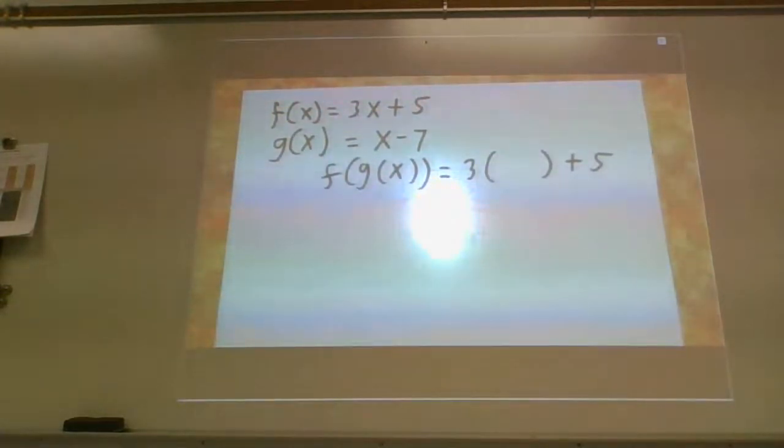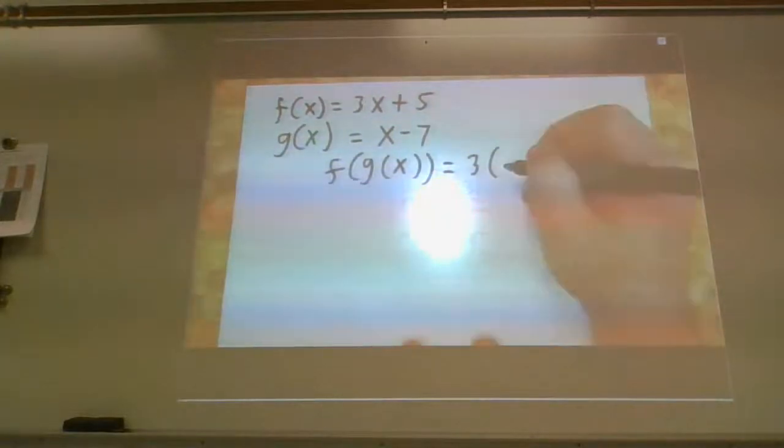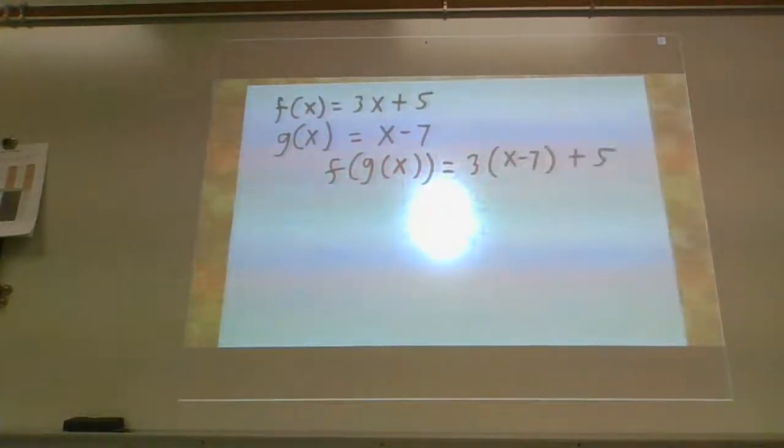That x will be replaced with the g of x function, in this case, x minus 7. I'm just leaving that framework there so people can visibly see it. That's the f of x with nothing plugged into it. But now there will be something plugged into it, the g of x function, which is x minus 7.